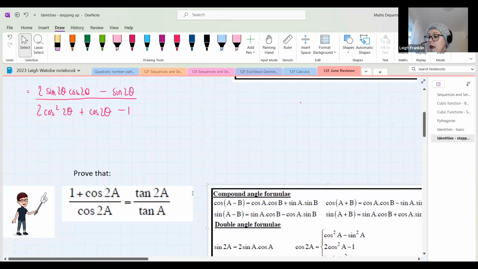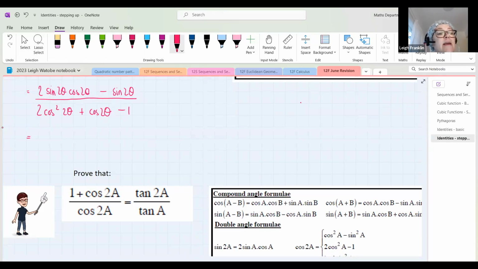So now I'm going to factorize, and I'm going to take sine 2 theta out of the numerator. That's going to leave us with 2 cos 2 theta minus 1. In the denominator, I'm going to factorize the trinomial. So I've got 2 cos 2 theta at the front of the first bracket and cos 2 theta at the front of the second bracket.